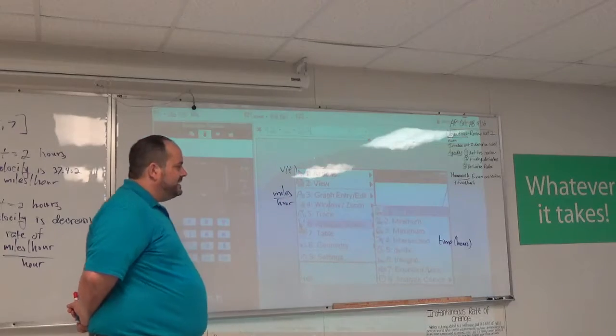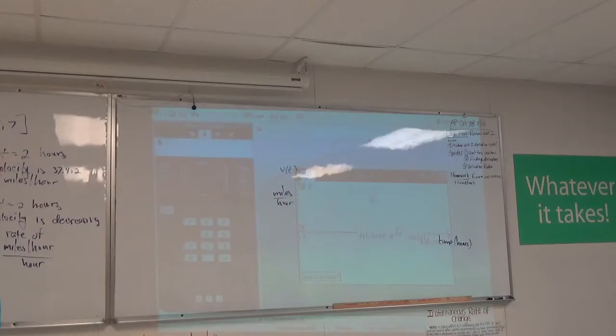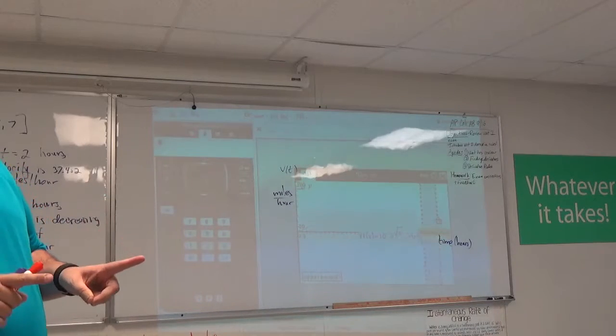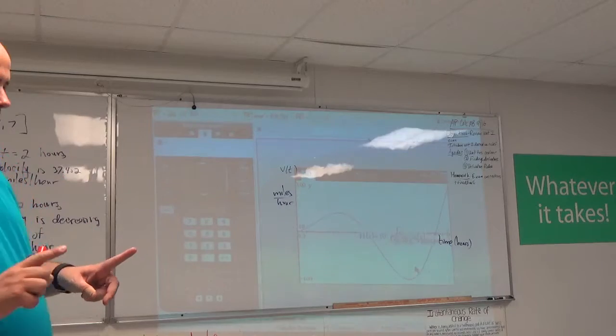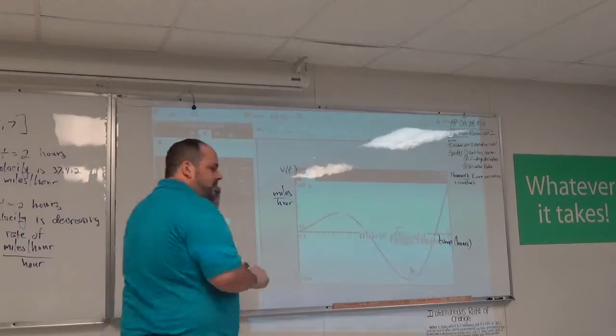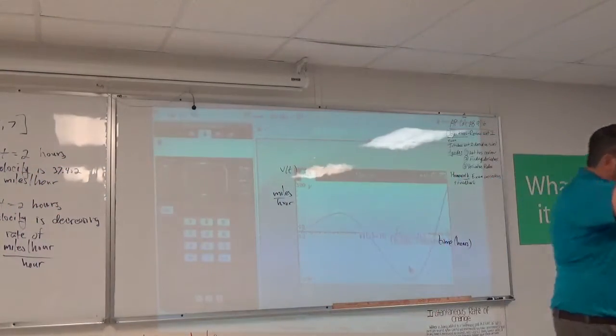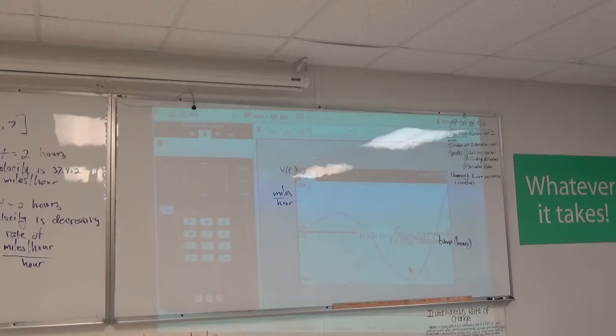Technically, there are two answers that I'll accept here. When does the car come to rest for the second time? Point in your graph. Where does that car come to rest the second time? Interesting. I'm seeing all sorts of things that I wasn't guessing were going to happen.